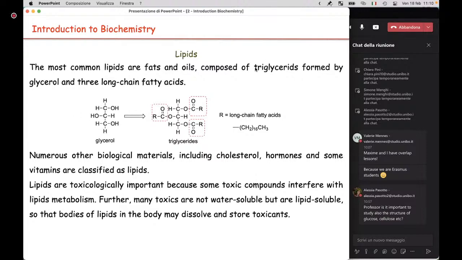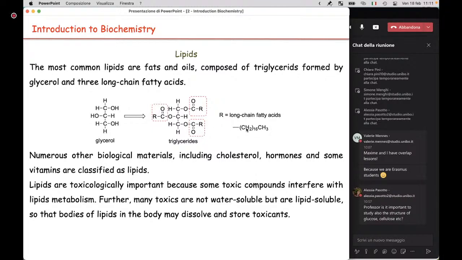Just like the name says, we start from glycerin or glycerol here, and we attach three fatty acid chains. A fatty acid is simply a long aliphatic chain, a long linear hydrocarbon chain, connected to a carboxylic acid.